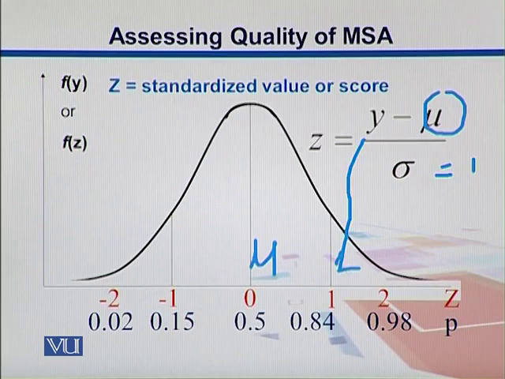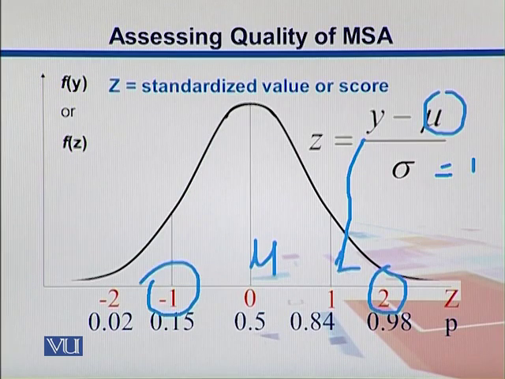So if your mean is 0 and your z value is 1, you are 1 standard deviation away from your mean. A z of 2 means you are 2 standard deviations away from the mean towards the right, and a z-score of -1 is 1 standard deviation away from the mean towards the left.